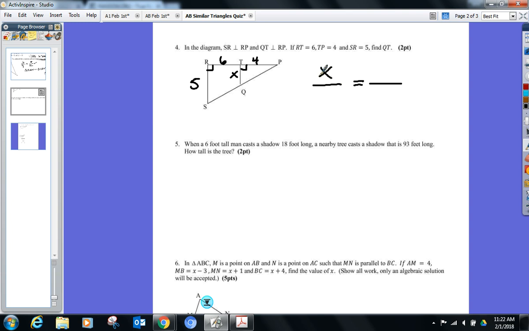X corresponds with what? 5. 4 does not correspond with 6 because 6 is not a full side. It corresponds with 10, PR. Okay? So full sides only, please. Full sides only.